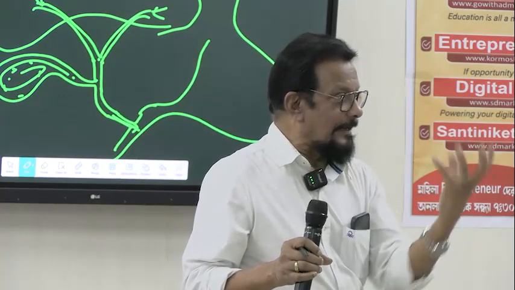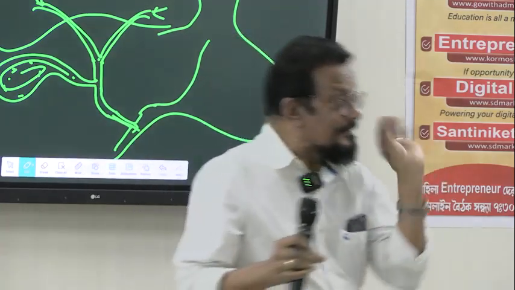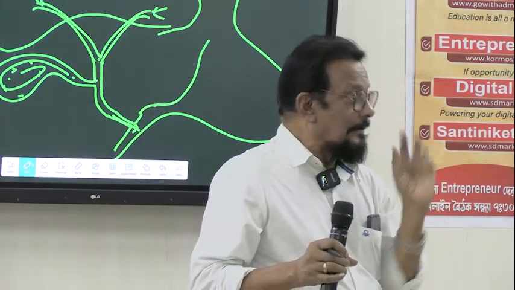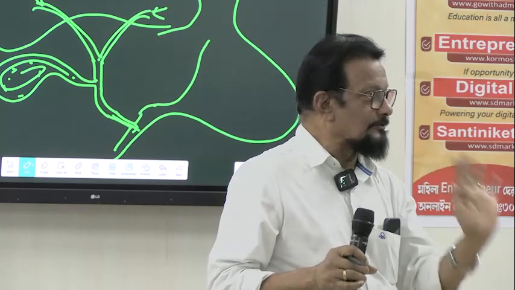And the stercobilin present in the stool gives the yellow coloration of the stool. So now can you understand why our stool color is yellow? Why our urine color is light brown? This is the reason.